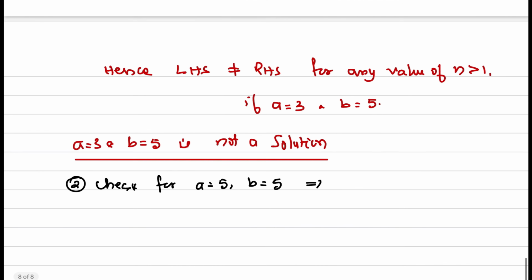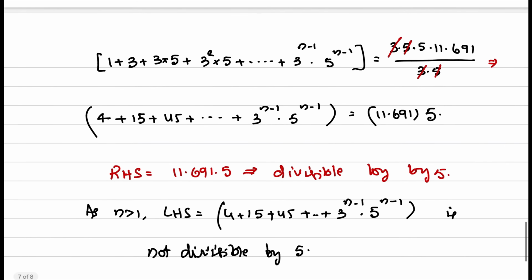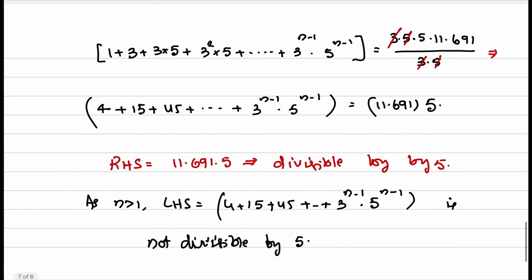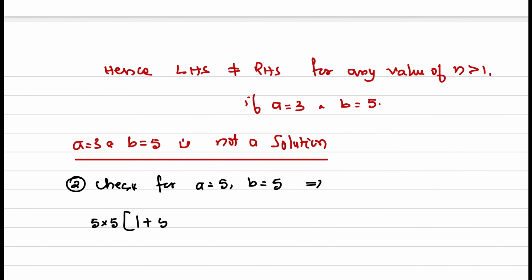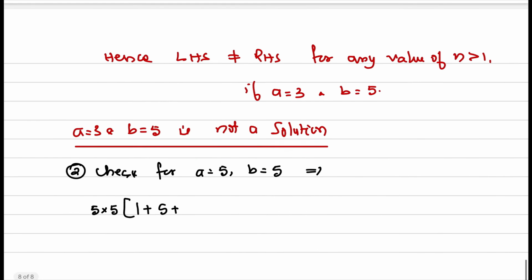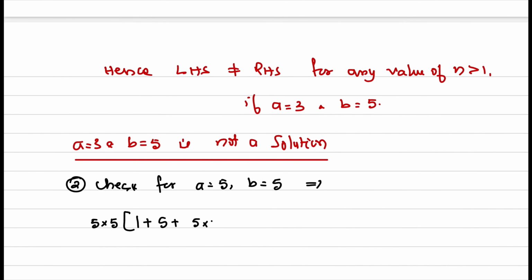That implies 5 into 5 into 1 plus a, that is 5, plus ab. AB is 5 into 5 plus up to 5 to the power of n minus 1 into 5 to the power of n minus 1, that is equal to 3 into 5 square into 11 into 691.